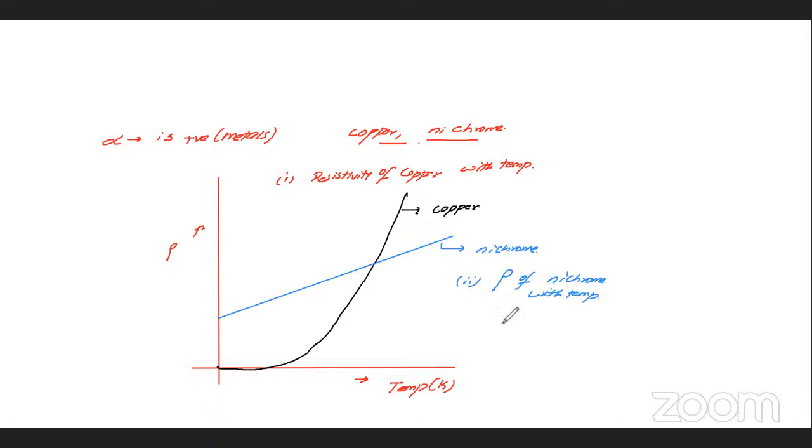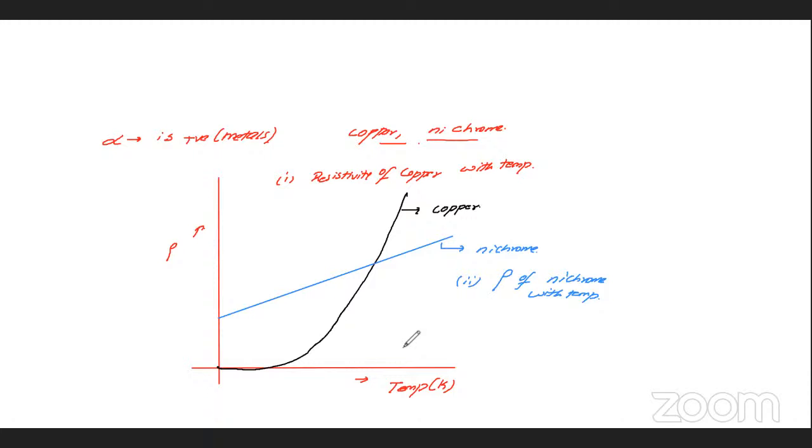The alpha value depends upon the metal, and it is in degree Celsius inverse. Remember it. Depending upon the material, alpha values vary. So it directly depends upon your temperature and as well as your resistance. This is just a small example.